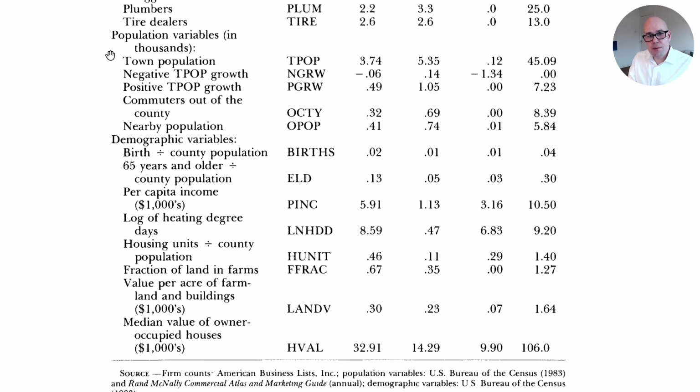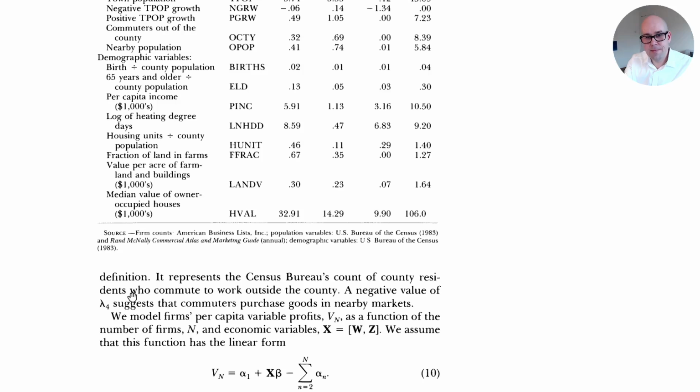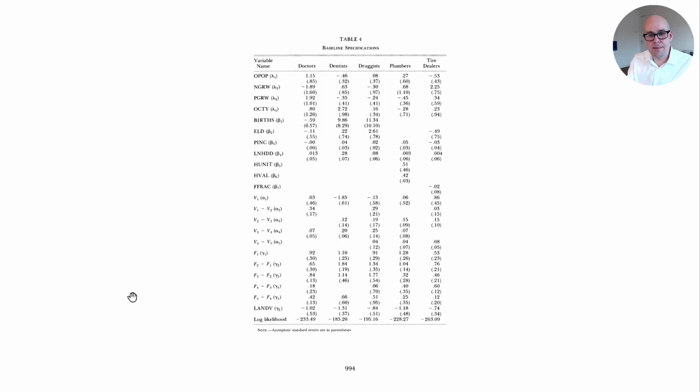For population, what they use is town population, so that would be the variable with a coefficient of 1, and then you have additional population measures, for instance, nearby population. And then here, these would be the variables in X. No need to go into detail here.